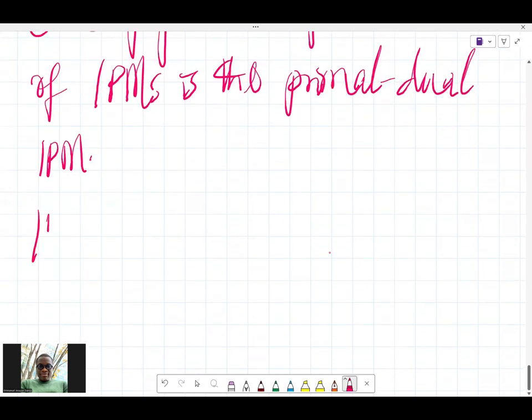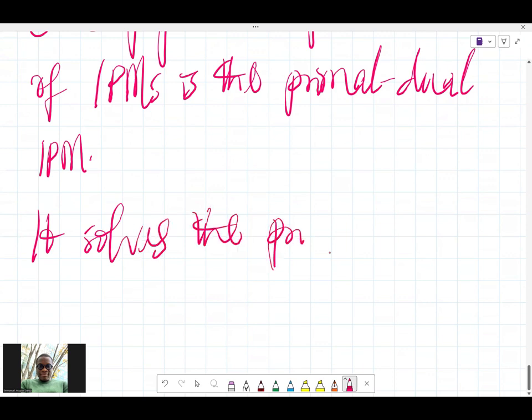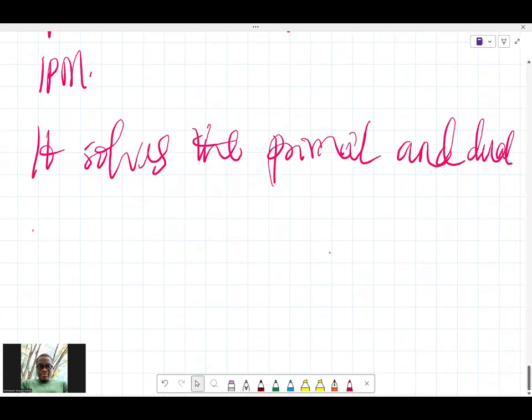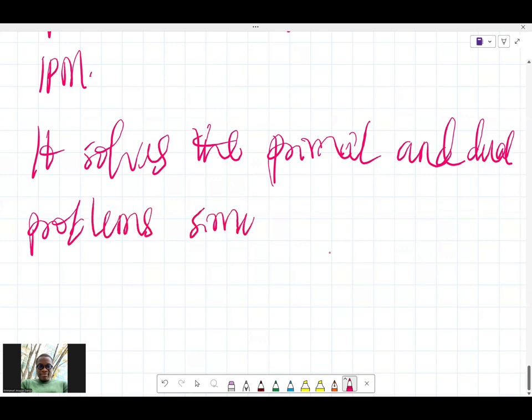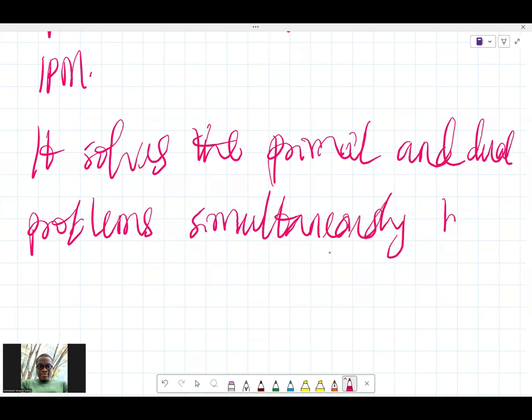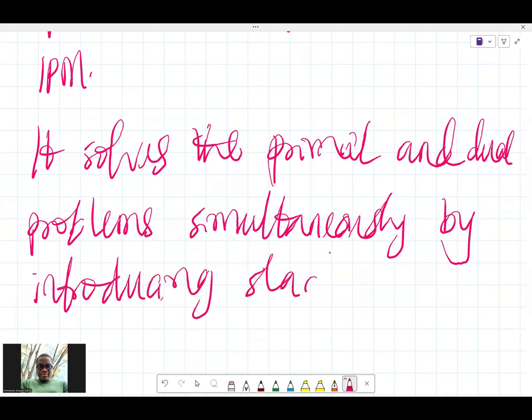It solves the primal and dual problems simultaneously by introducing slack variables.